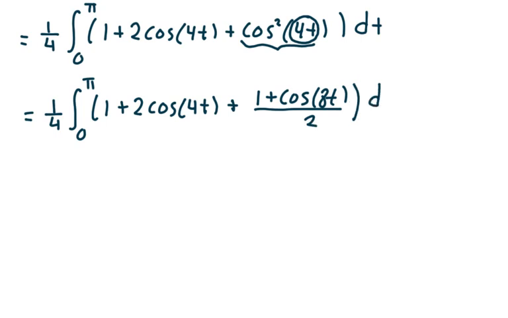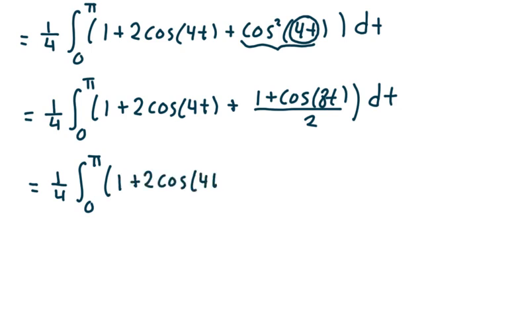And then I'm going to integrate with respect to t. Just one step at a time. And now for that third term, I'm going to split the fraction. So I get 1/4 the integral from 0 to pi of 1 plus 2 cosine of 4t plus 1/2 plus 1/2 cosine of 8t dt.